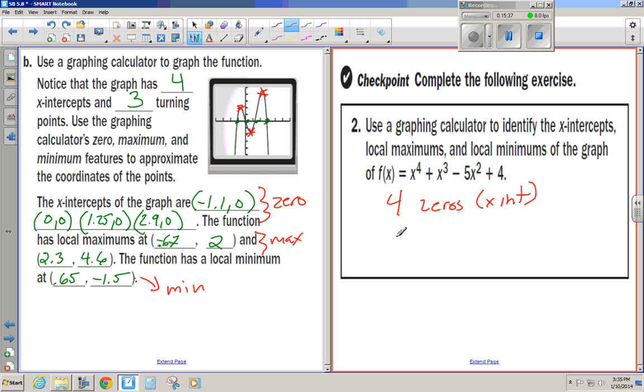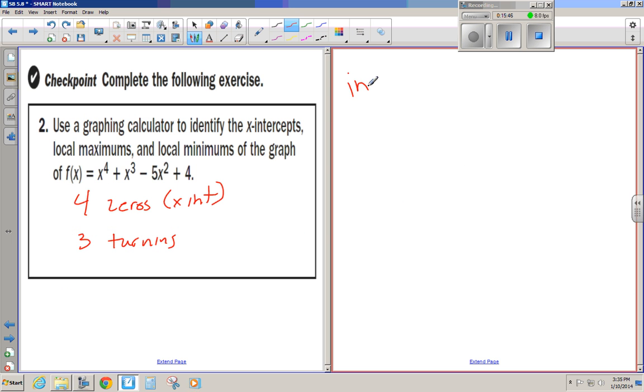And if there are, then there are 3 turning points. And I want you to then write down what the intercepts are, what the min and the max are. So pause the video, see if you can get these right.